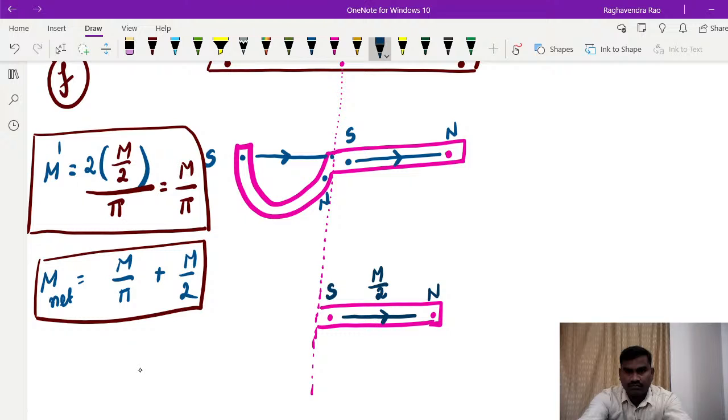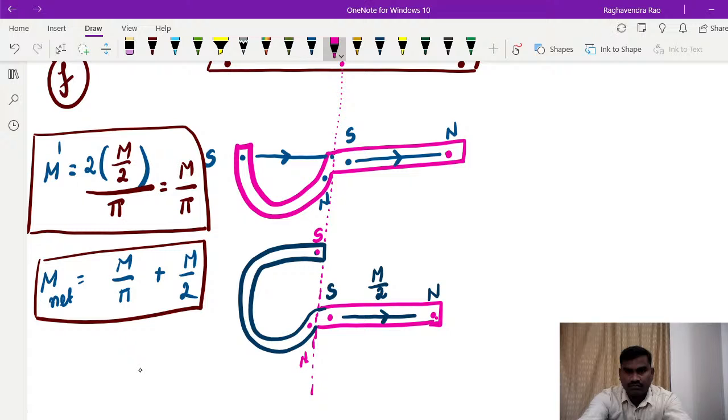Now this bent part of the magnet is placed like this, and the bent part is again bent like this, vertical to the point. Now this is north pole, means this will be south pole. Again this will be north pole. It is directed in this direction.